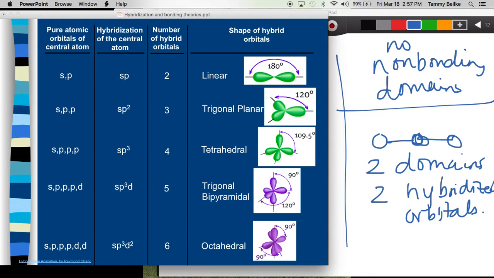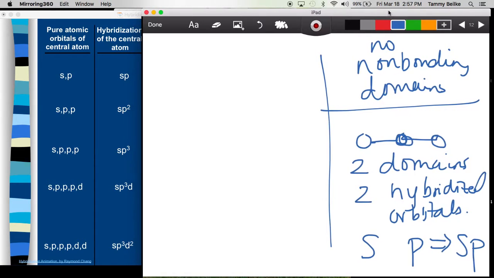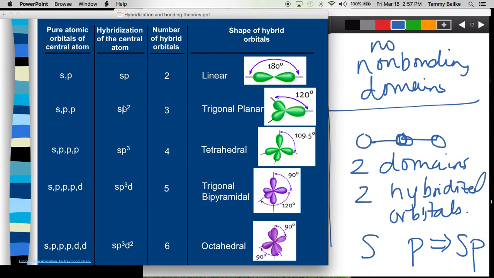What it's going to do is take an s orbital and a p orbital and hybridize them into sp orbitals. That's the hybridization, and that's what it's called, sp. So on your graphic organizer, under the hybridization column, for linear, put sp.